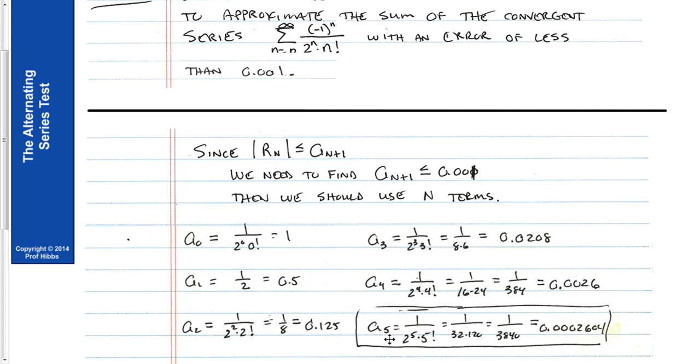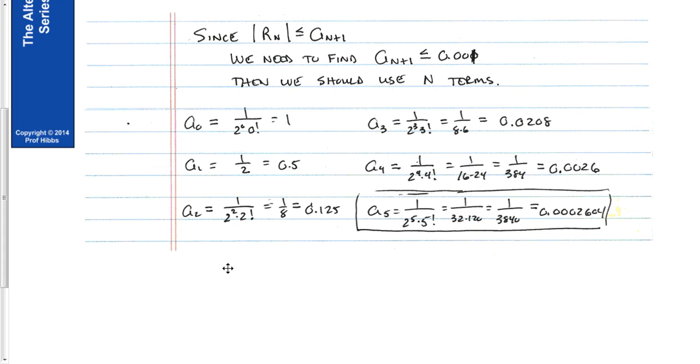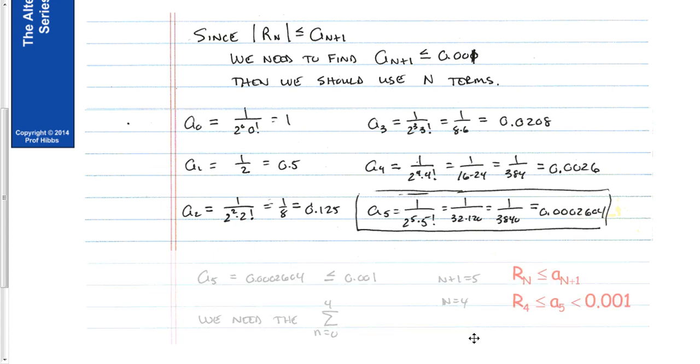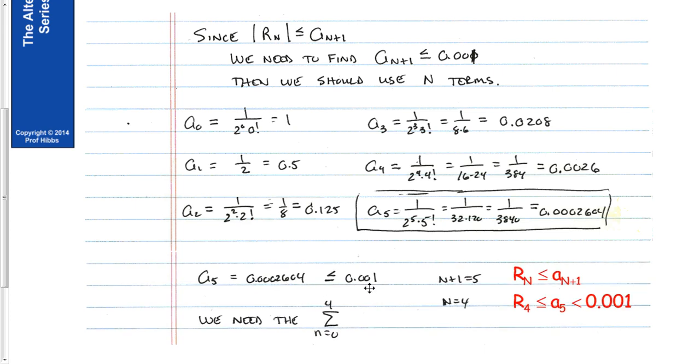So then I tried a sub 5 finally. And when I calculated a sub 5, I got 0.0002604, and this is in fact less than 0.001. And so I feel like I hit pay dirt. From that information then, a sub 5, which is this number, is less than or equal to 0.001. And remember, the absolute value of r sub n, I should have put here, is less than a sub n plus 1.